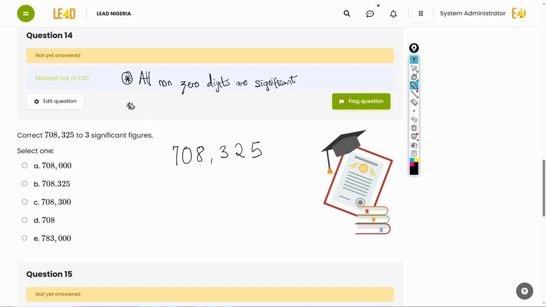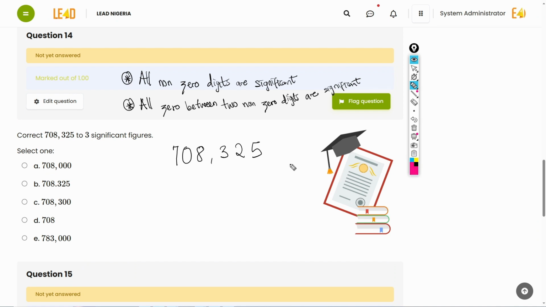The second rule is that all zeros, so if you're a 0, but you're between two non-zero digits, you are also significant. So as long as the digit is not 0, it's significant. But then even if the digit is 0 and it's between two non-zero digits, it's also significant.